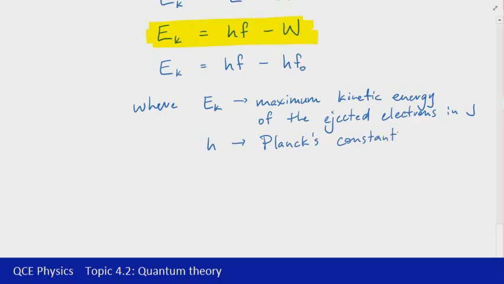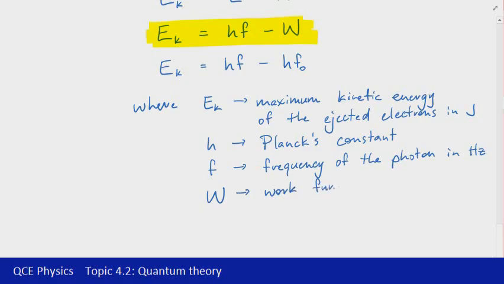So h is Planck's constant, as we've already seen. f is the frequency of the photon, in hertz. And W is the work function. And again, that's going to be measured in joules. So there's the equation that's important for the photoelectric effect.